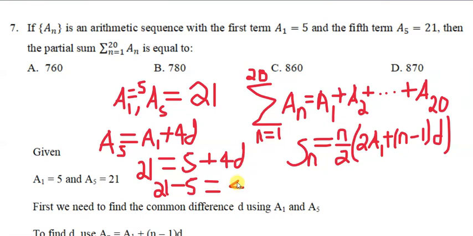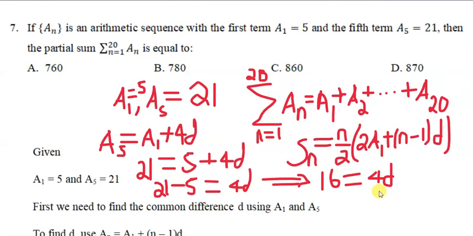Now to obtain d, we need to eliminate this 4, but let us see that one. This implies 21 minus 5 means it is 16. 16 is equal to 4d. This is a simple calculation, actually.